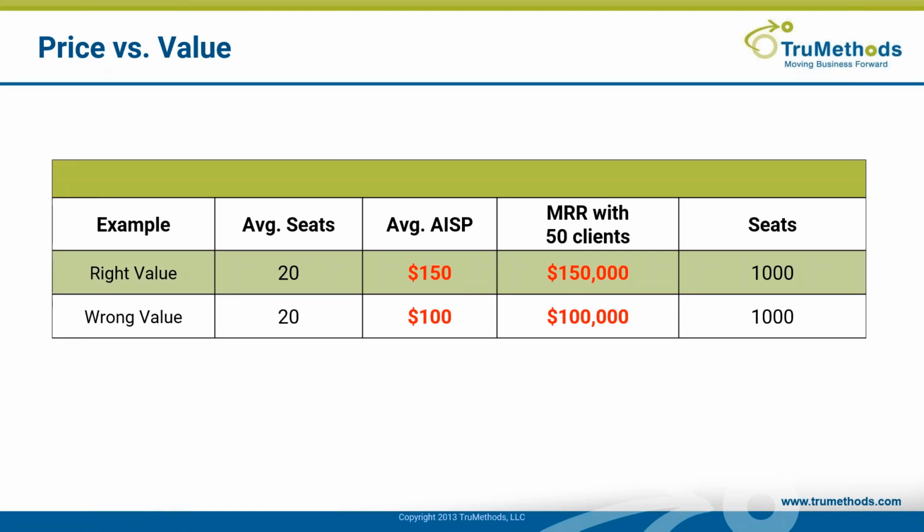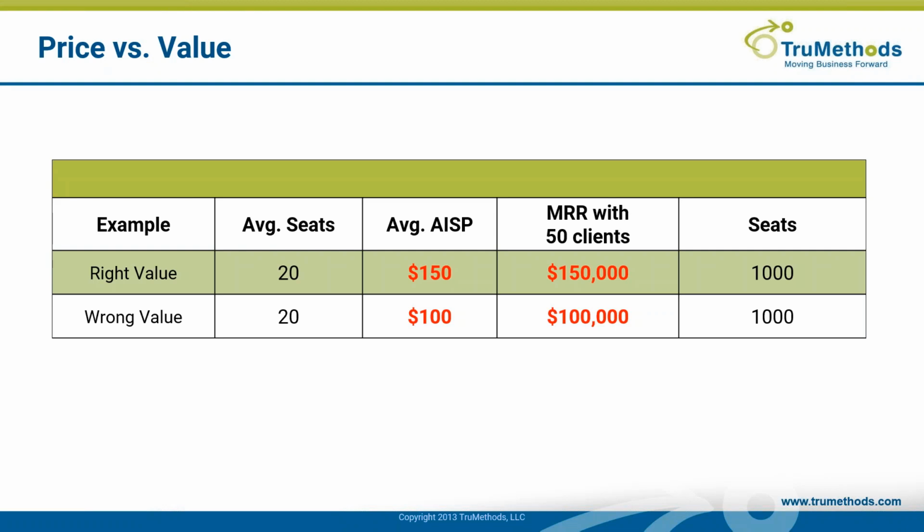And you see one commands a price of average of $150 per seat, and the other $100. And when you get to this, even just to this scale, look what a difference it means in your revenue. $50,000 a month, $600,000 of service revenue, basically spread over the same number of seats you support.